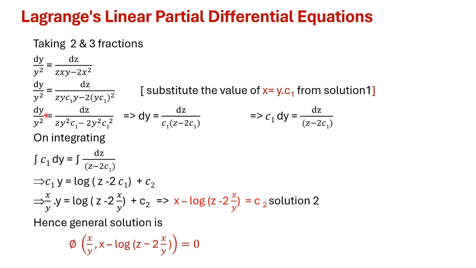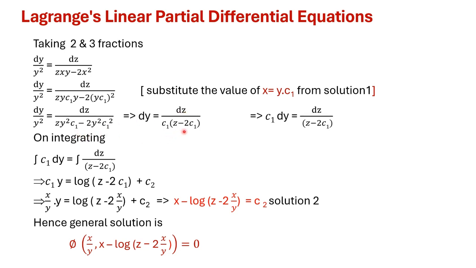So we have dz by, here c1 is common, so we'll take c1 out. We get z minus 2c1. Bring this c1 here. So c1 dy is equal to dz by z minus 2c1.